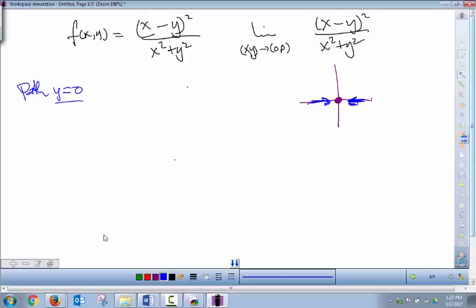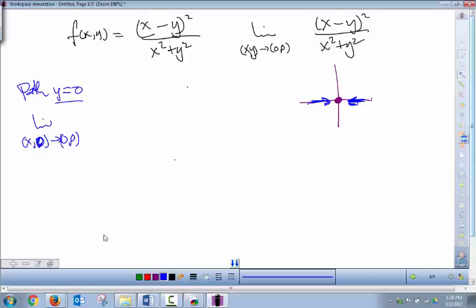So when we put y is equal to 0 in, we're going to say limit as x, y... well, y is going to be equal to 0. So really, in writing this limit, we can rewrite this as x approaches 0 only, since we know that y is going to be equal to 0.